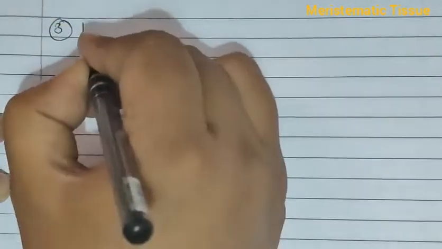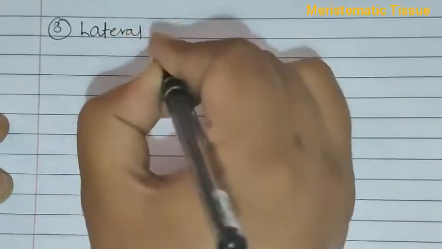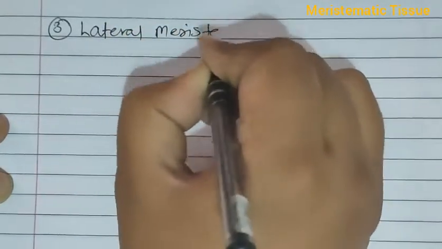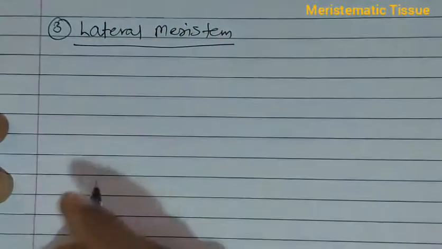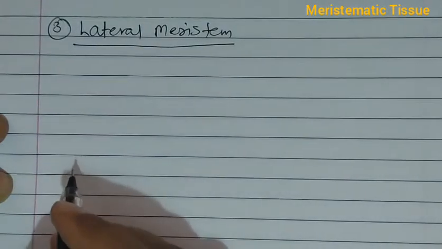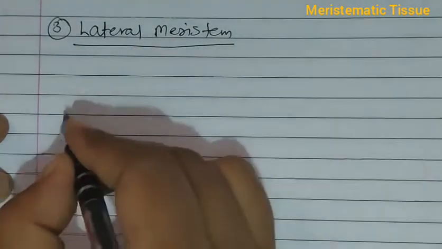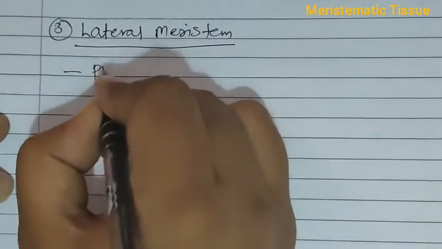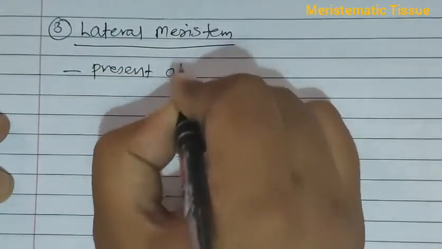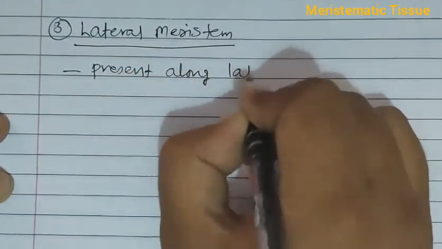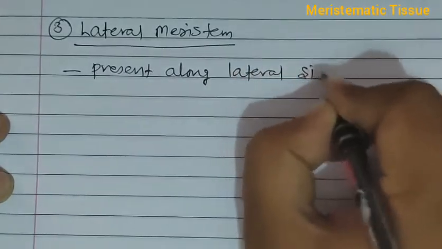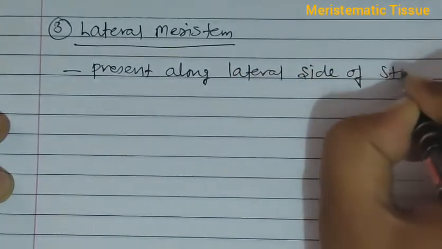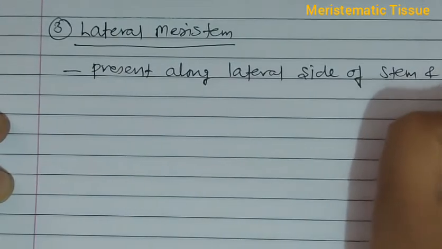The third type is lateral meristem. This lateral meristem is present along the lateral side of the stem and root.